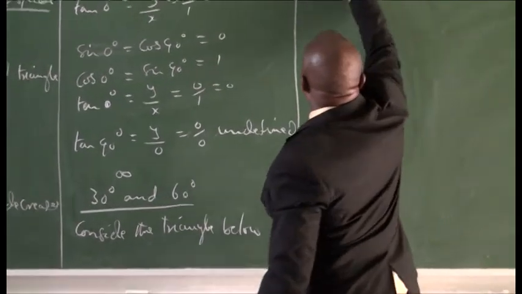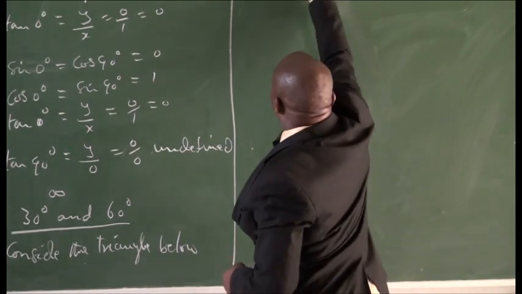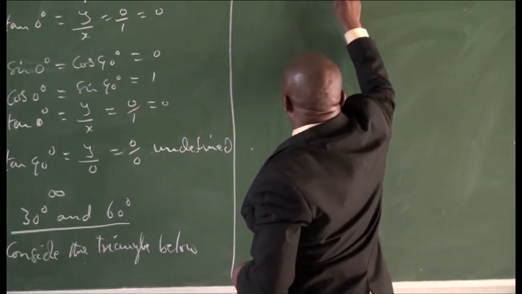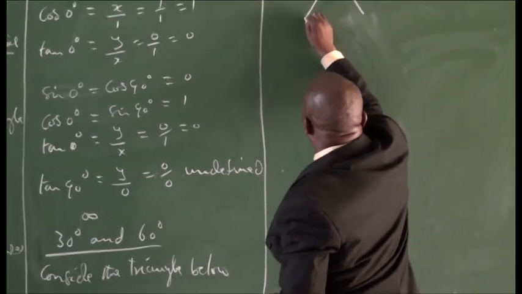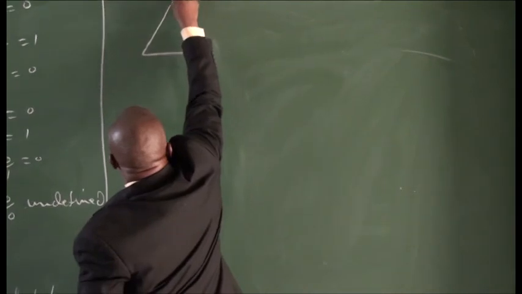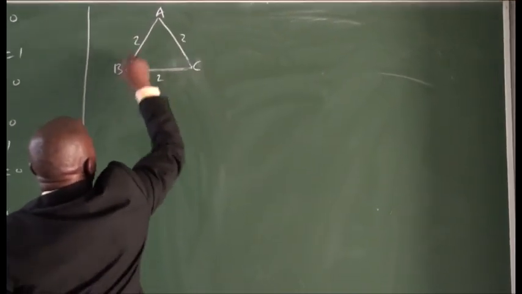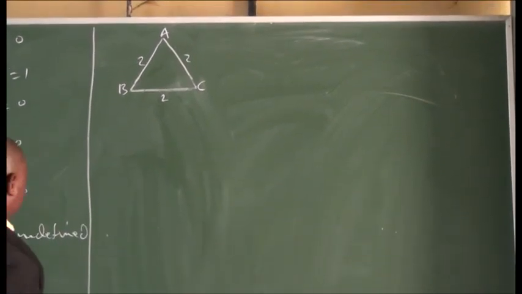Triangle ABC is an equilateral triangle.